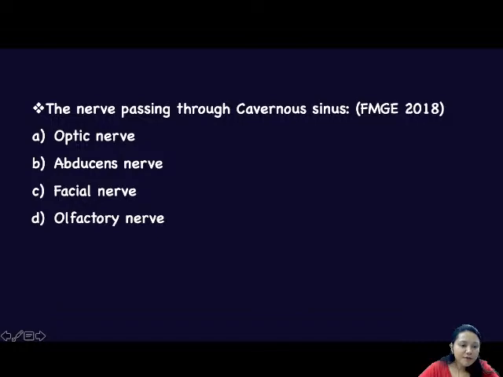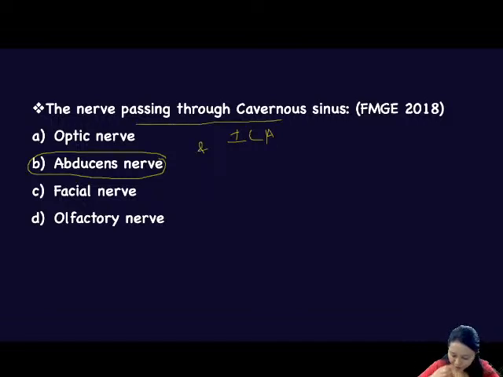So the answer will be the abducens nerve. Okay, we have already studied that the internal carotid artery and the abducens nerve pass through the cavernous sinus. So the nerve passing through the cavernous sinus will be the abducens nerve.